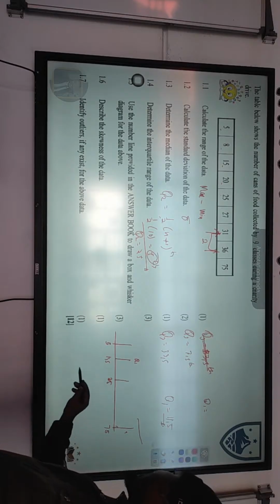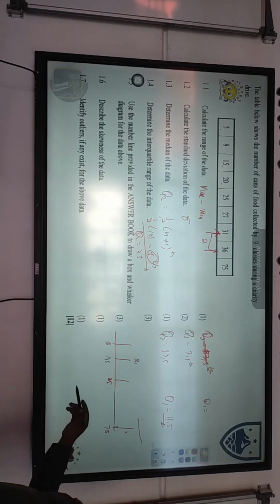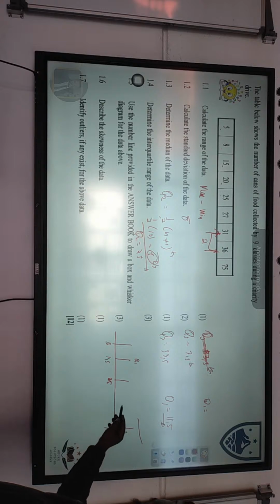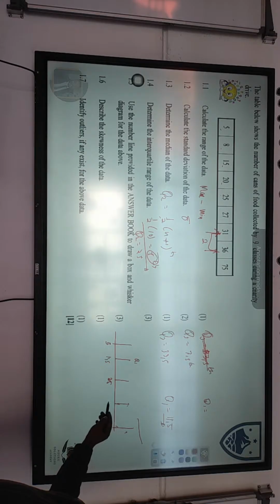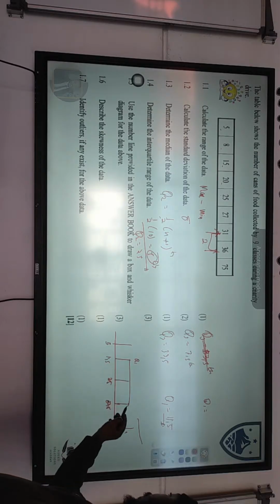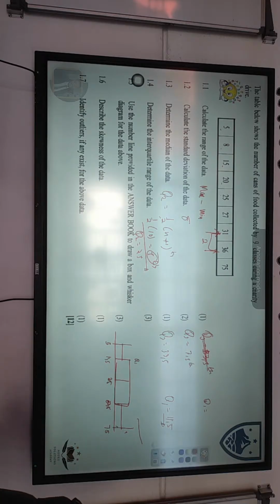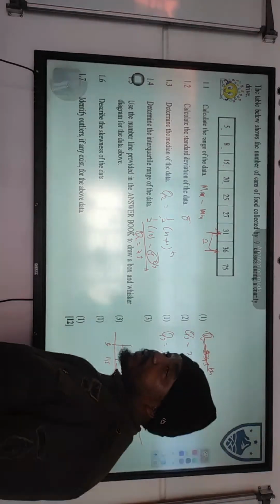You will be given a number line. You plot that on a number line. And then your Q3 is 33.5.